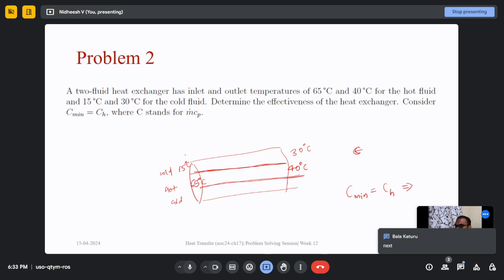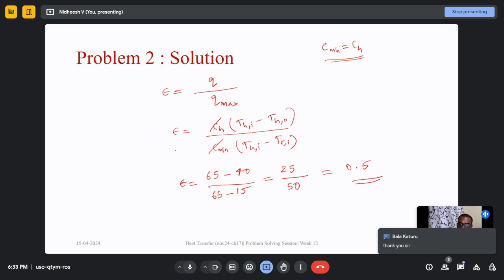This is problem 2. Thank you. So I think problem 2 was also clear. So we will move on to the third problem.